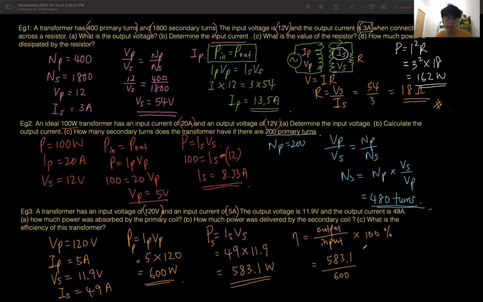It cannot be bigger than the input. Times 100. That's 97.18% efficient. Meaning that if you supply 100 watts to the transformer, the transformer will convert only 97. The rest is lost.